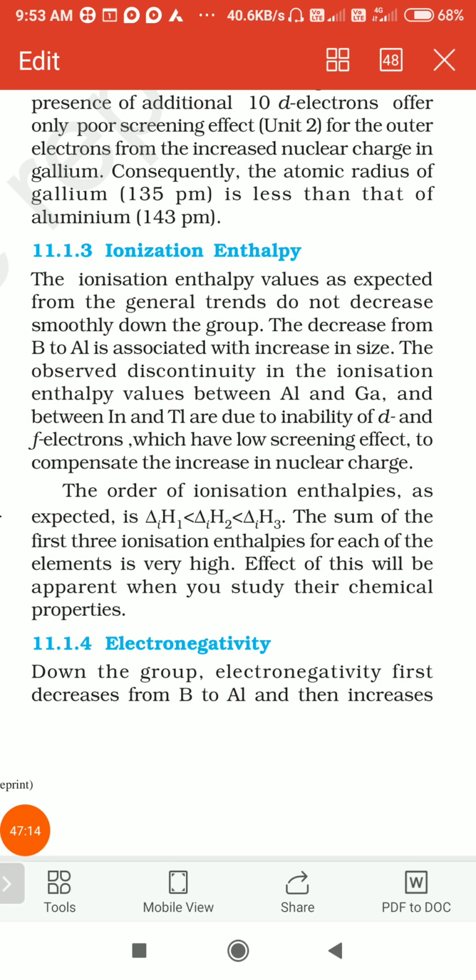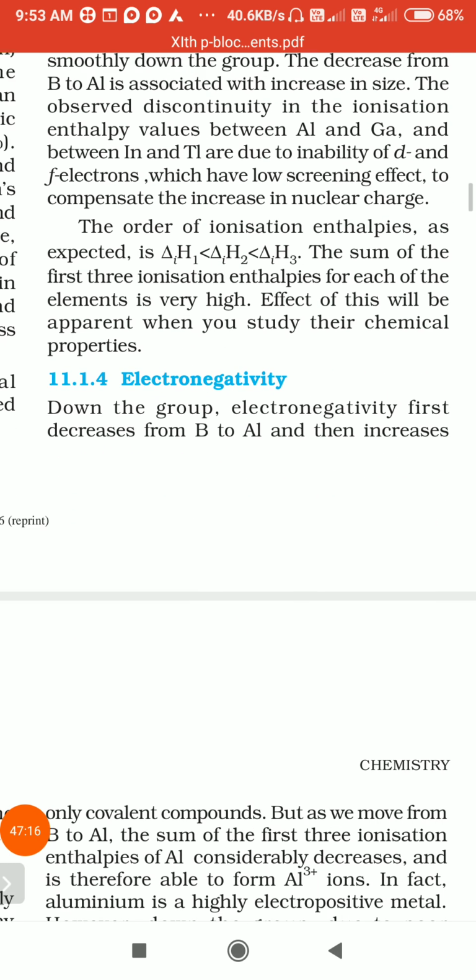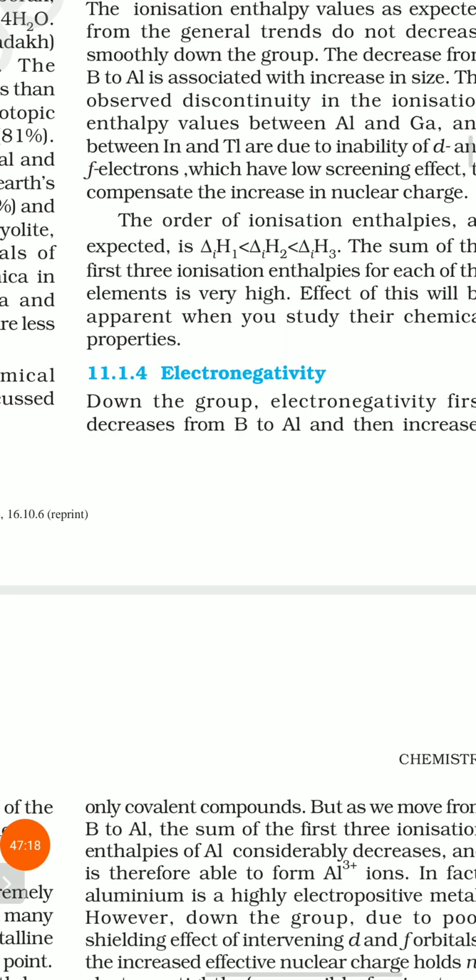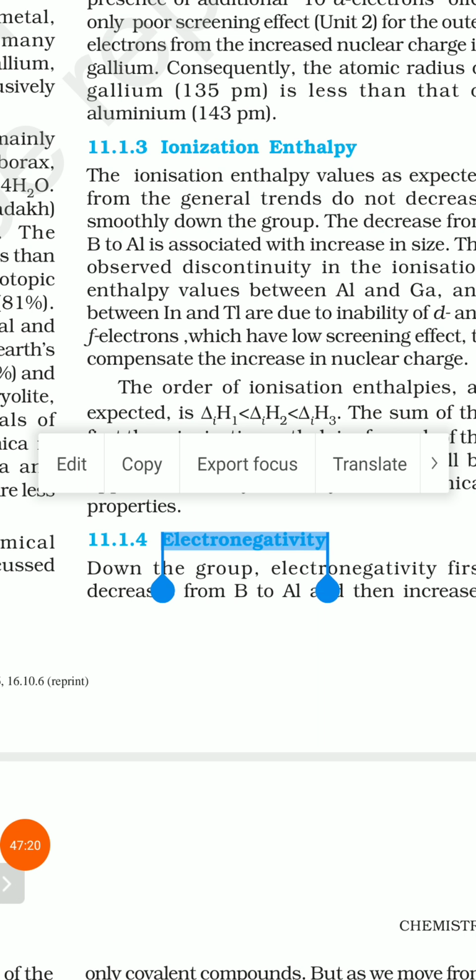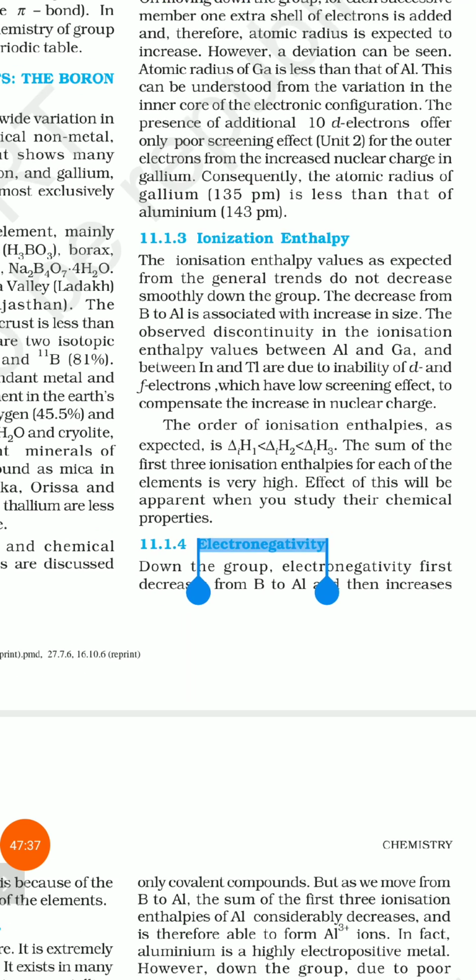So what about electronegativity? If you move down the group, electronegativity gradually decreases.